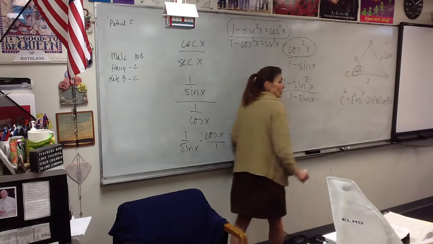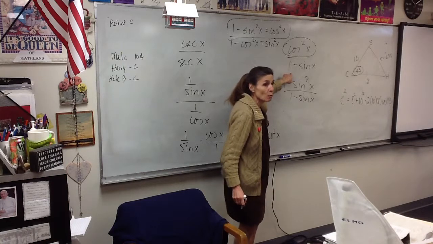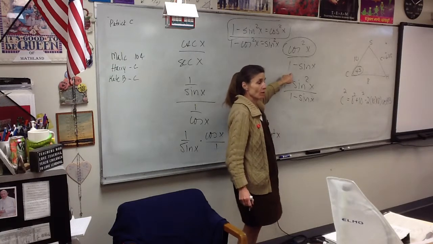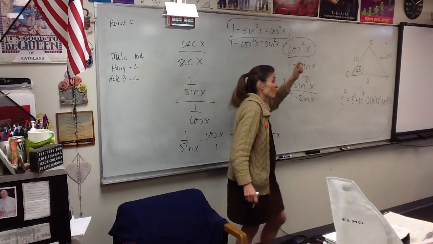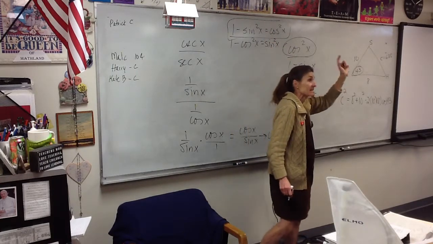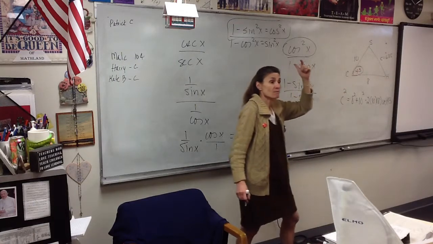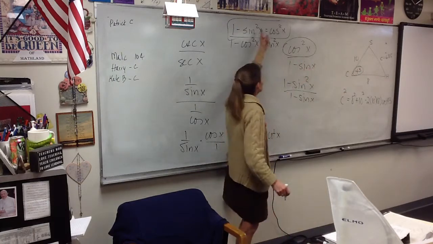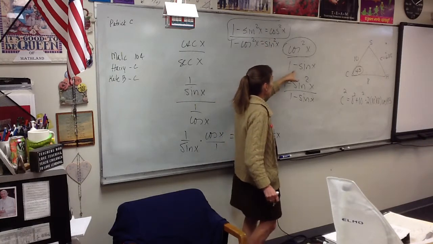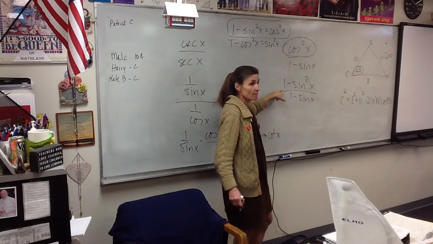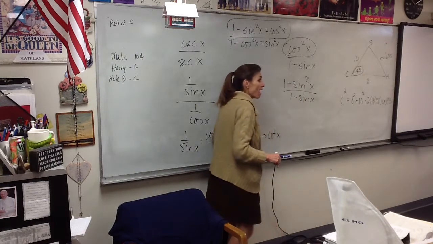Now, boys and girls, you cannot change your denominator because it's not squared. Remember, the only way these formulas work, they're called Pythagorean identities because they have squares in them. A squared plus B squared equals C squared. If there are no squares, you can't use those ideas. So I can't use it in the bottom, but I can use it in the top. Now, what about that top?